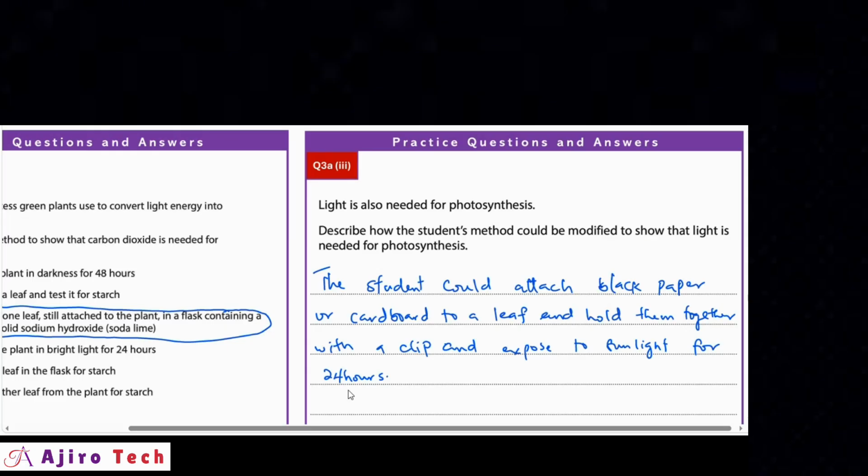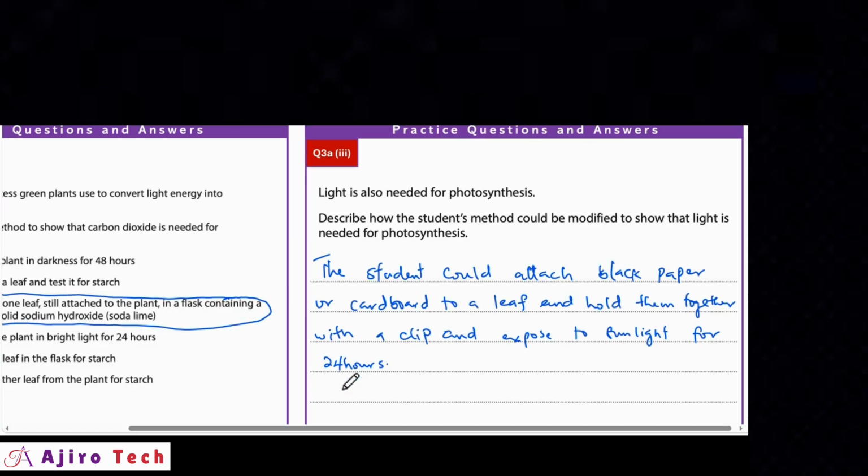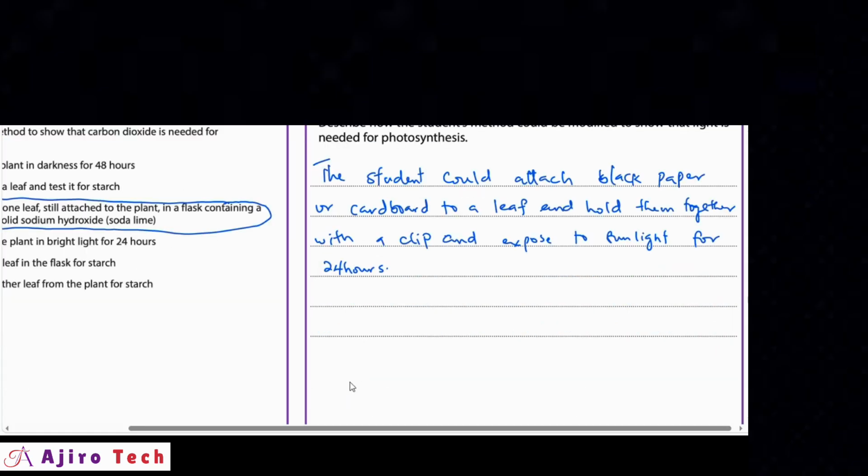Yes. So the student should also allow the plant to be exposed to carbon dioxide.